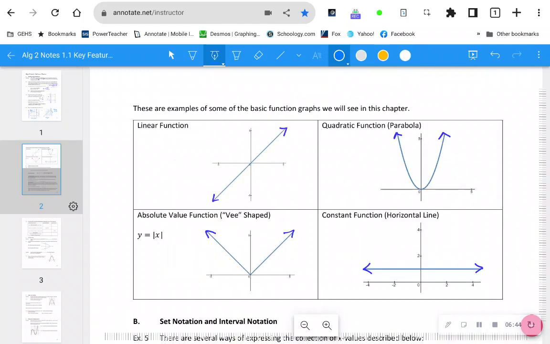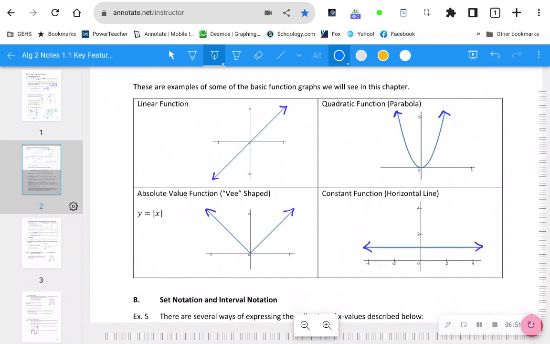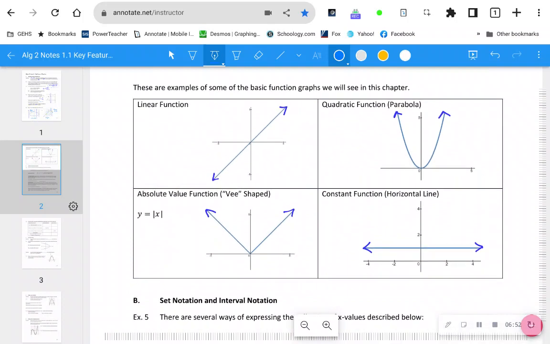Okay, so we're going to continue here. This is a short catalog on page 2. We're still on part A, of some of the functions you might be familiar with, or you should be. Linear equations start out like this, y equals x. That's what this one is.